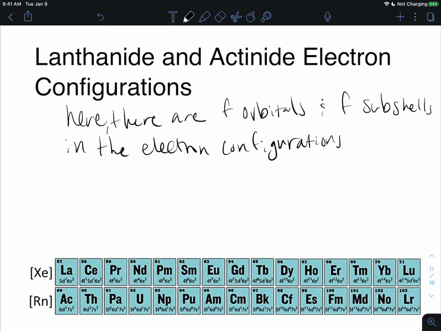Okay. And again, our 4f, our 5d, and our 6s are all very, very close in energy. So we're going to have a bunch of different mixing within our lanthanide and actinide electron configurations, and these can get incredibly complicated.